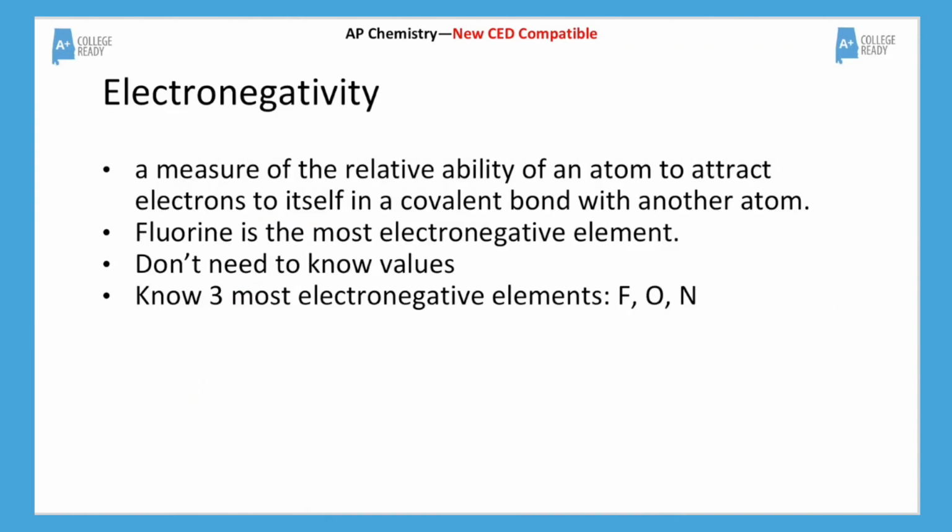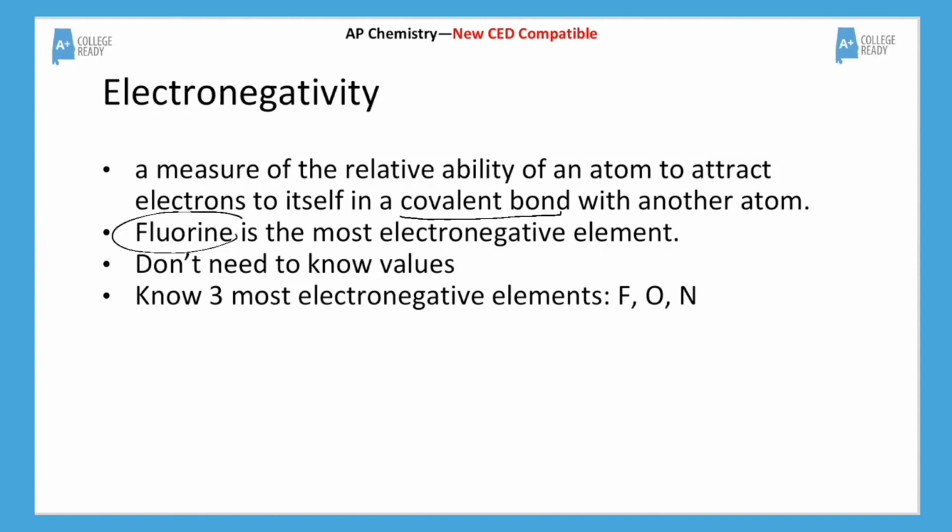And then electronegativity, we'll talk about this briefly. This really gets more into bonding, because if you look at the definition, it's the measure of the relative ability of an atom to attract electrons to itself in a covalent bond with another atom. And so Unit 2 is about bonding, so that'll definitely come up again. Really, all you need to know, you can come up with a trend here.